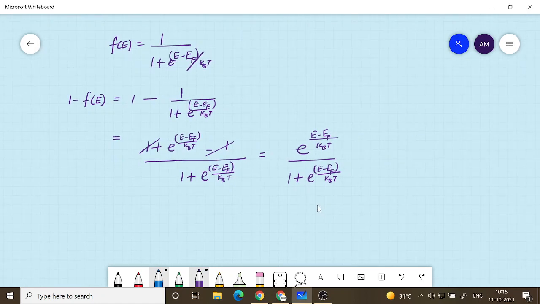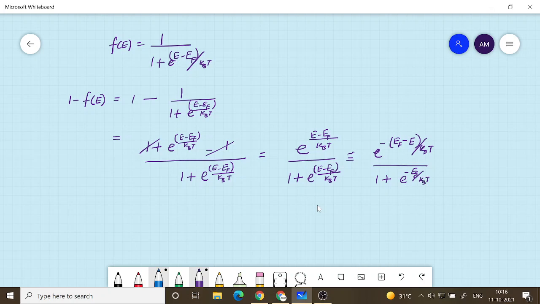So you can write it as e raised to E minus EF by kBT, divided by 1 plus e raised to something of the order of minus EG, with a minus sign.